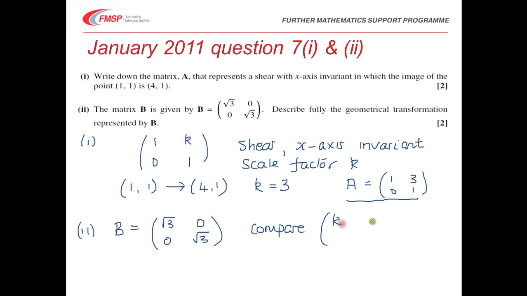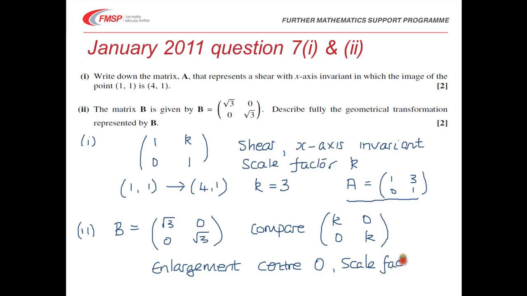So if we had (K, 0; 0, K), then that would be an enlargement scale factor K. So this matrix represents an enlargement, centre the origin, and scale factor root 3. The other way you might do that question is just to talk about it being a stretch in the x direction of scale factor root 3 and a stretch in the y direction, scale factor root 3.